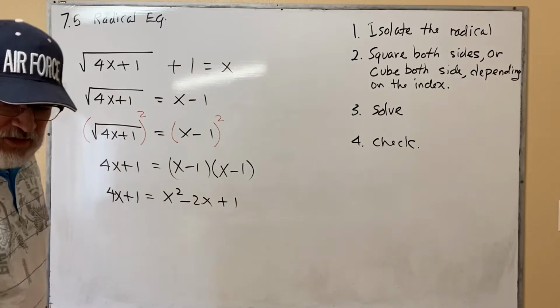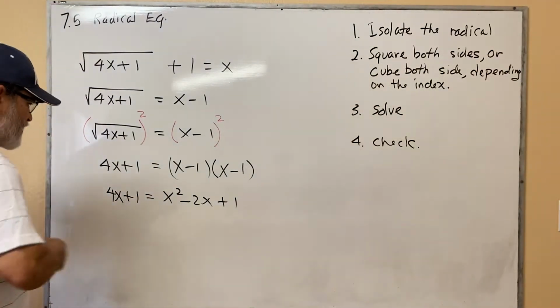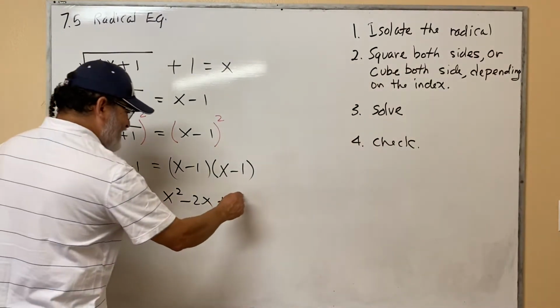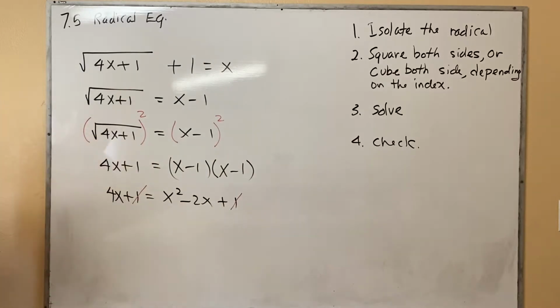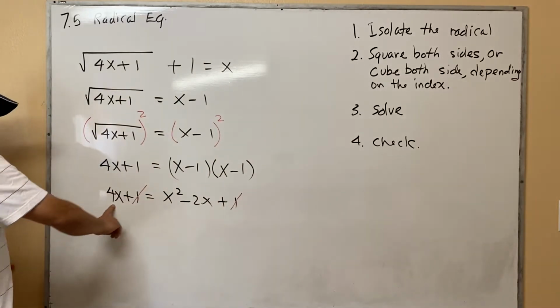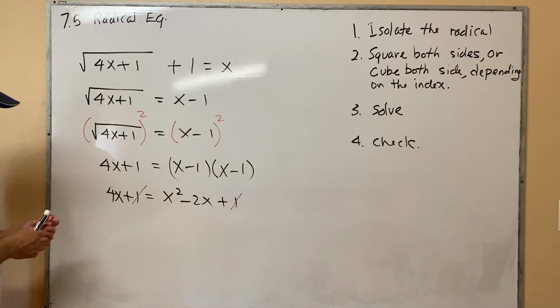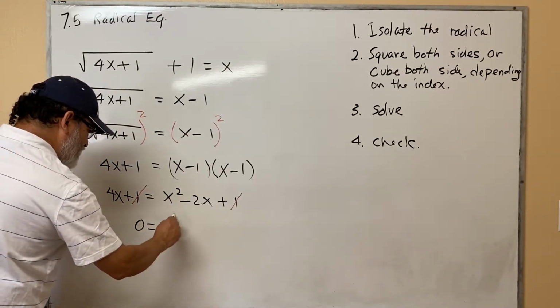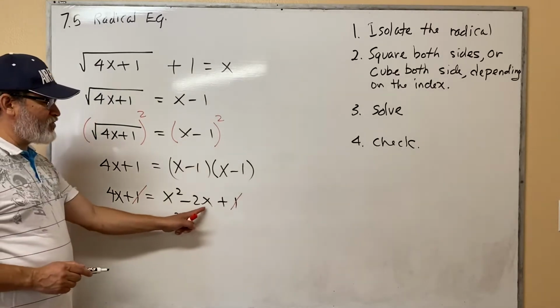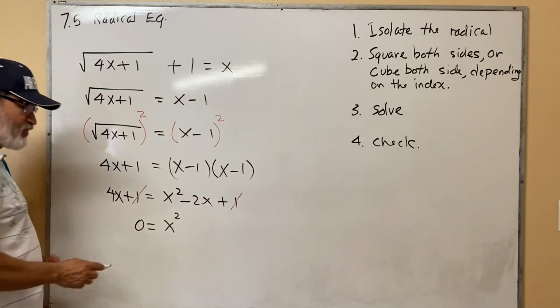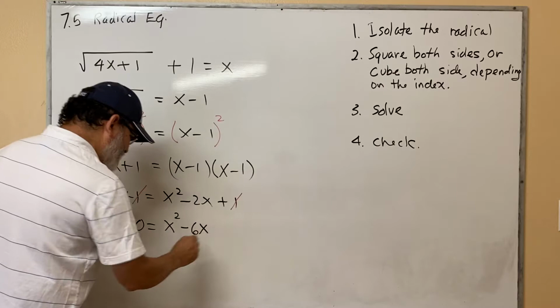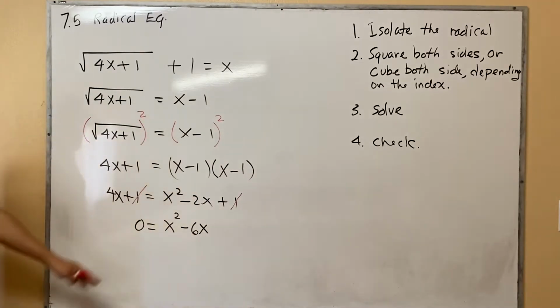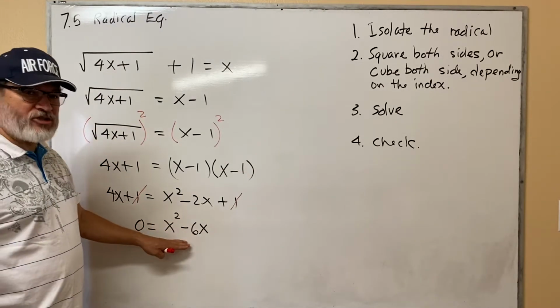Okay? You see this 4x? I'm going to bring it to the right. So what do we get? We get 0 equals x squared. What's negative 2x minus 4x? Negative 6x. Okay? So we have a quadratic equation.